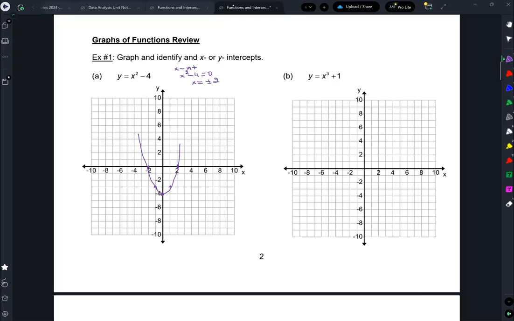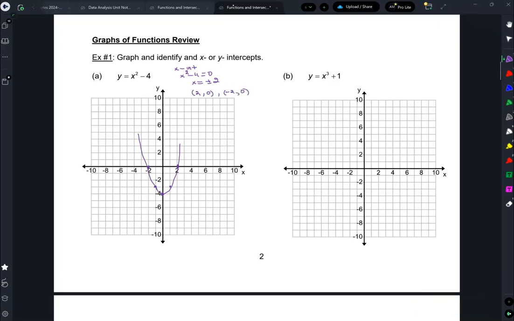X is plus or minus 2. Now, henceforth, we are always going to provide any intercept in coordinate form, right? So this is going to be 2, 0, negative 2, 0.